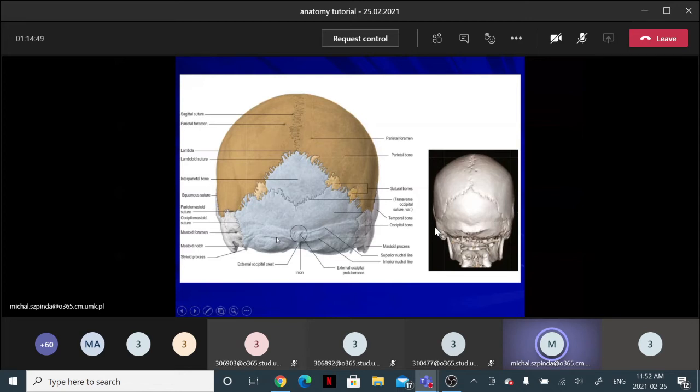From the occipital protuberance start conspicuous superior nuchal lines, and less conspicuous supreme nuchal lines. Just here you can see that the parietal bone is pierced by a parietal foramen.